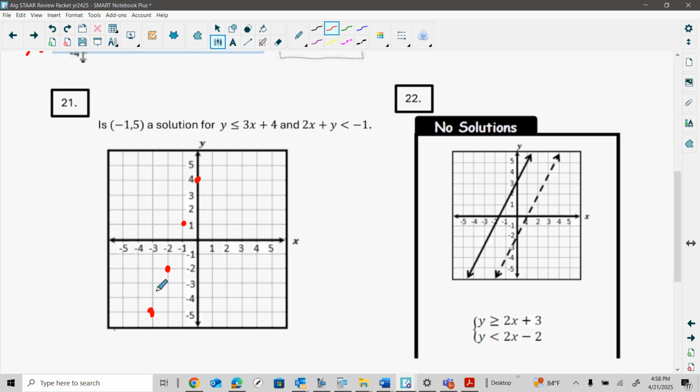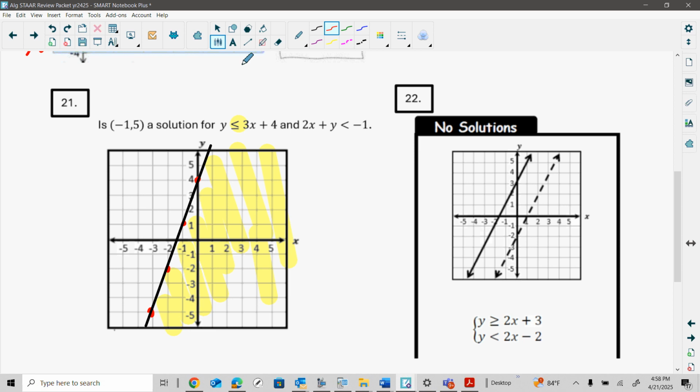Then we make a line through these points and we shade it. Because we have less than or equal to, this shading should be below the line, like so. It doesn't have to fill it up, just get the idea.